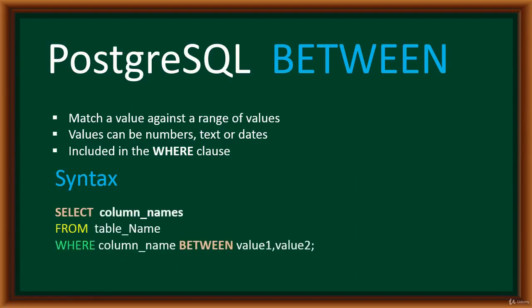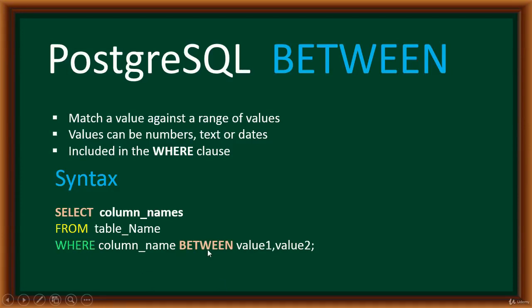So this is how the syntax looks if you need to include the between operator inside your select statement. Once you've defined the select statement, you can either specify column names or you can use an asterisk. By using asterisk, that means it will retrieve all the column names.